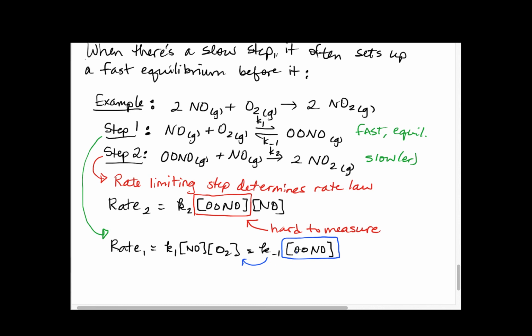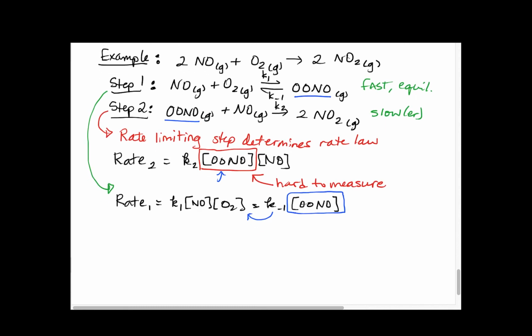And then we can make a substitution into this rate law because this is exactly the same number. The amount of OONO at the end of step 1 has to be the same as the amount of OONO at the beginning of step 2. These two numbers are equal to each other, so we can go ahead and make this substitution.